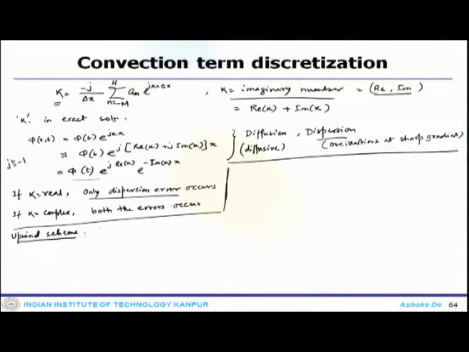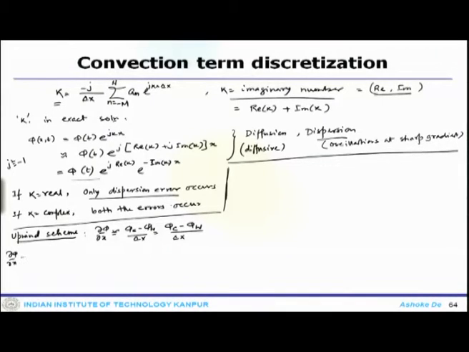In the upwind scheme, del phi by del x is phi e minus phi w by delta x, which is phi c minus phi W by delta x.